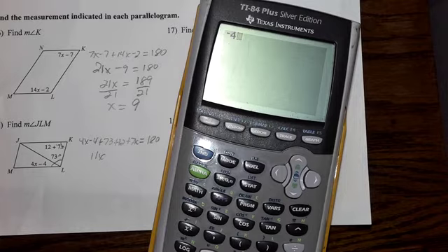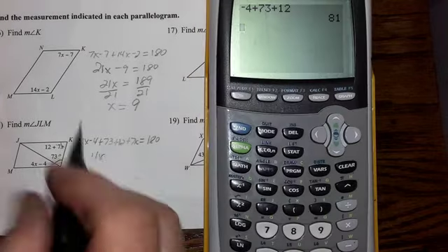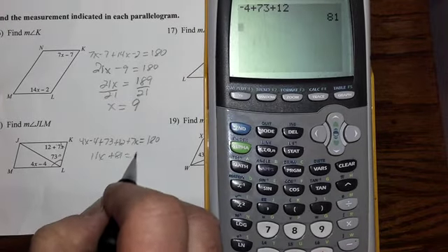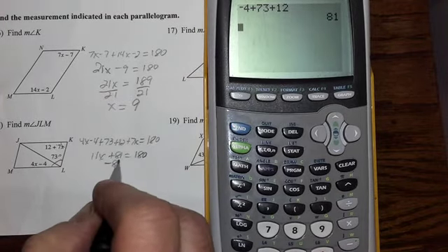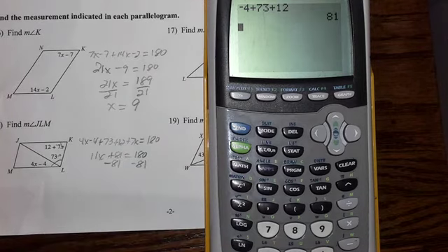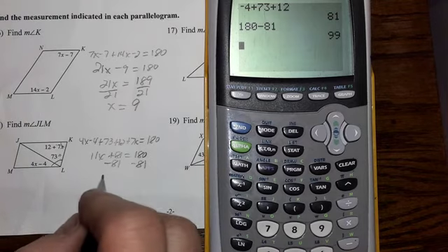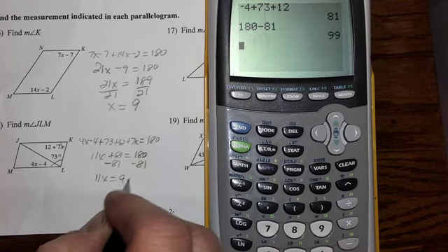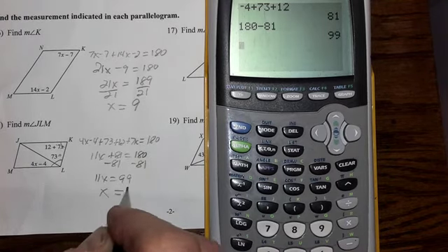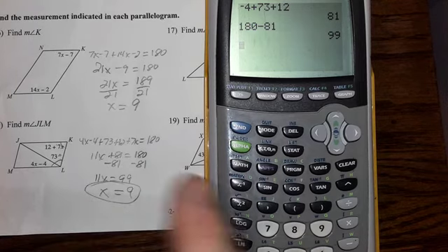Negative 4 plus 73 plus 12 is 81. So we minus 81, 180 minus 81, we get 99. We get that x equals 9.